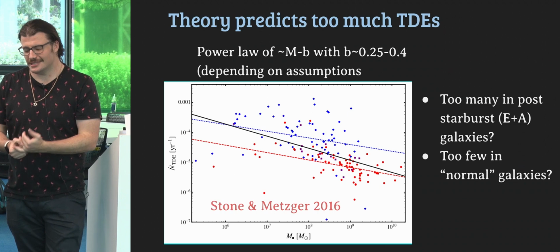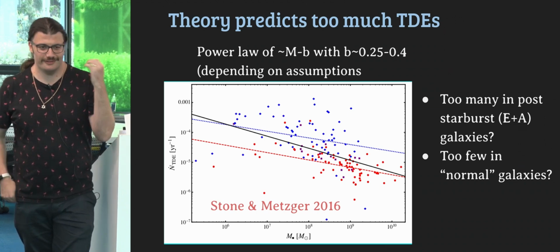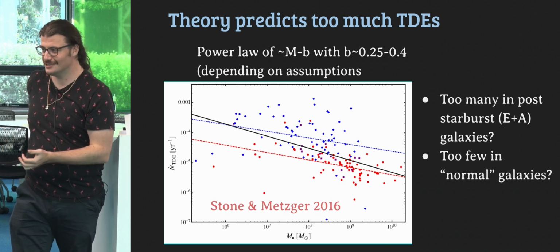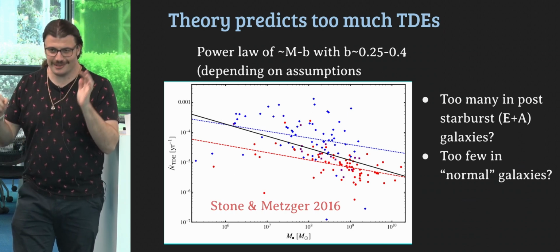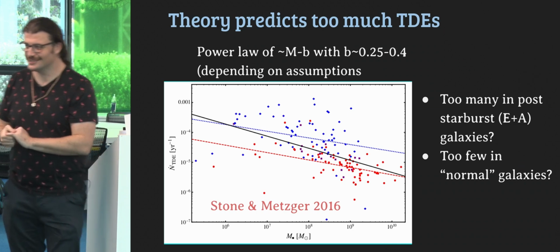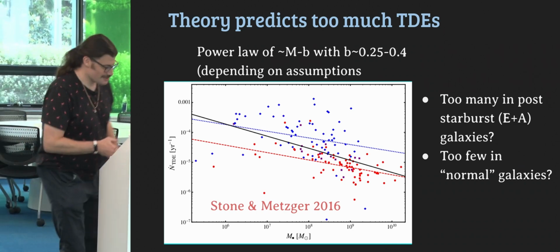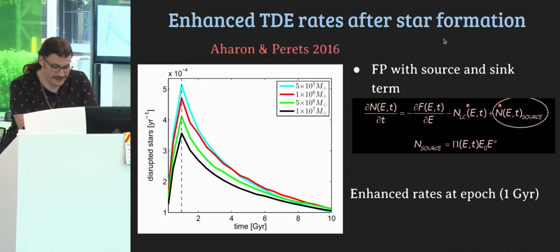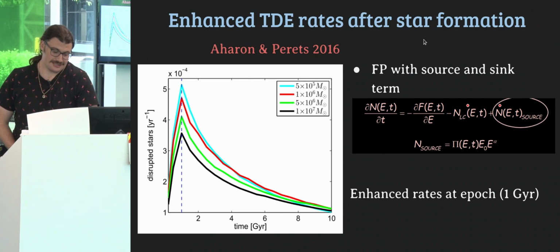So it means it had some unusual epoch of star formation of which we see some residuals. That's all I know about observations and how to classify galaxies. But anyway, maybe there's some overabundance in these ones, maybe there are too few normal ones, and different people have tried to look into these things.